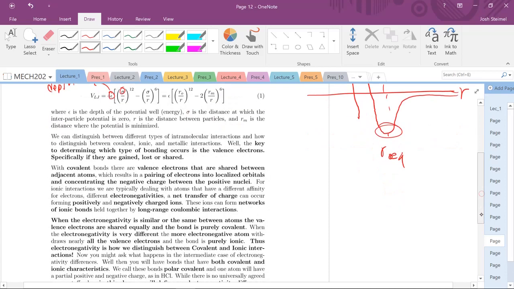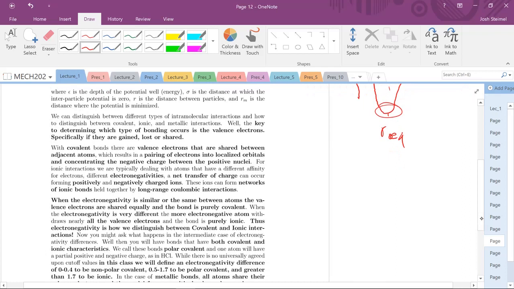So how do we know when we have either covalent, ionic, or metallic interactions? Well, metallic, I'll keep it simple and skip right to the point. You need metals. So if you're looking at bonding between metals, like titanium, you have metallic bonding, and basically you have these positive cores of atoms in your lattice, and you have this sea of electrons.